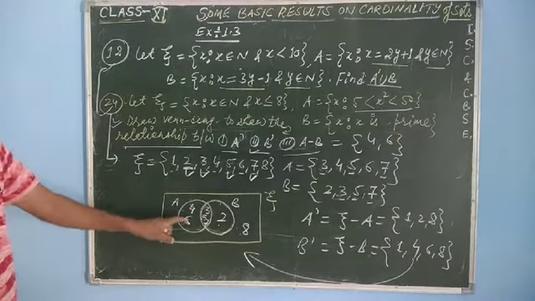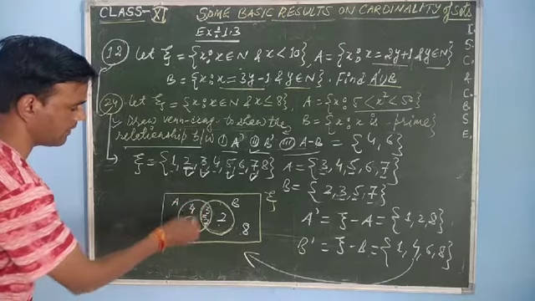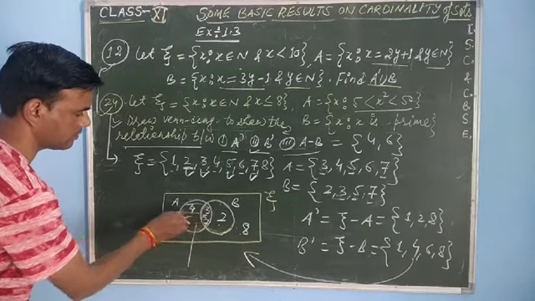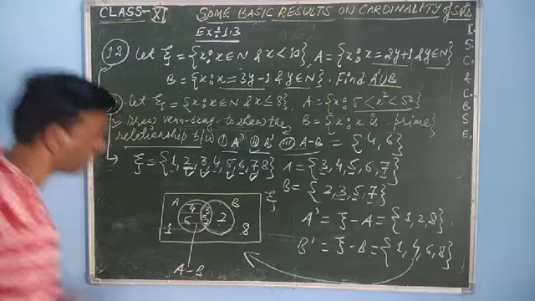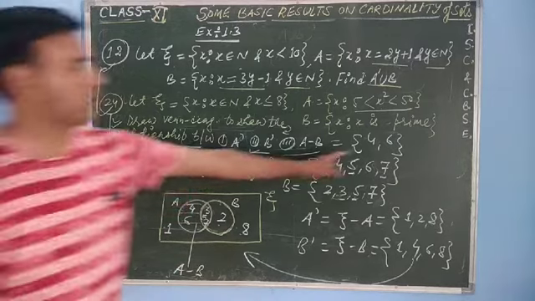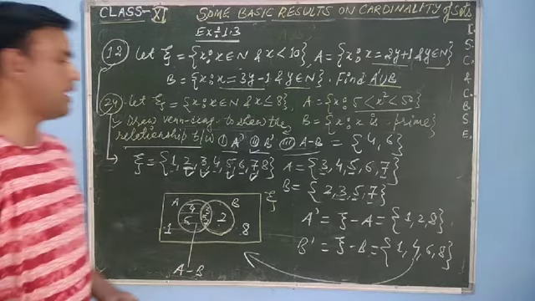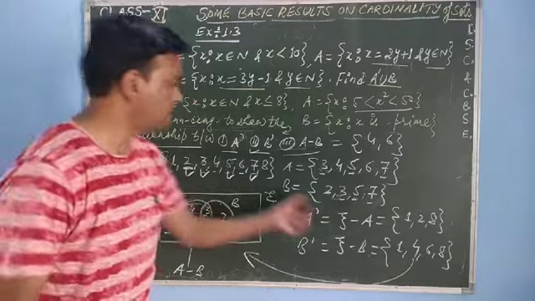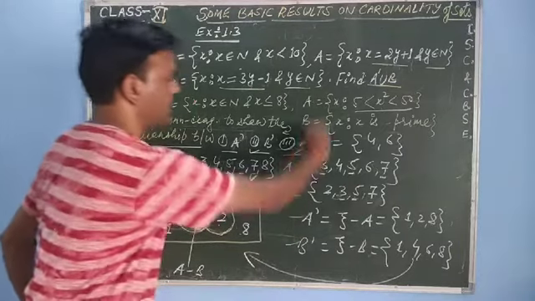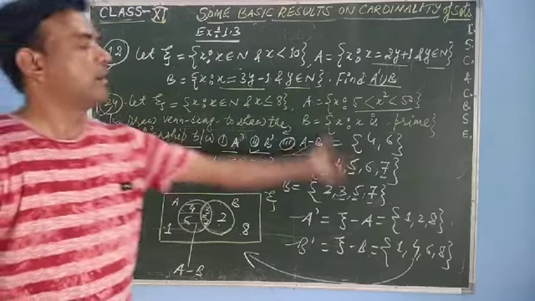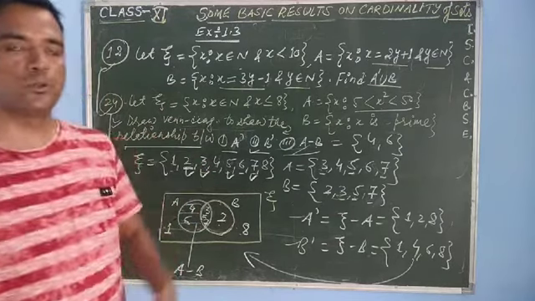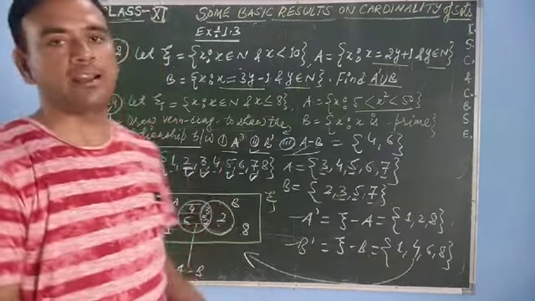So A minus B is only this portion, and this can be verified from here, 4, 6. So you can verify all these results, A dash, B dash, A minus B, from the Venn diagram. You can represent the different sets and the relation between those sets using a Venn diagram. Thank you.